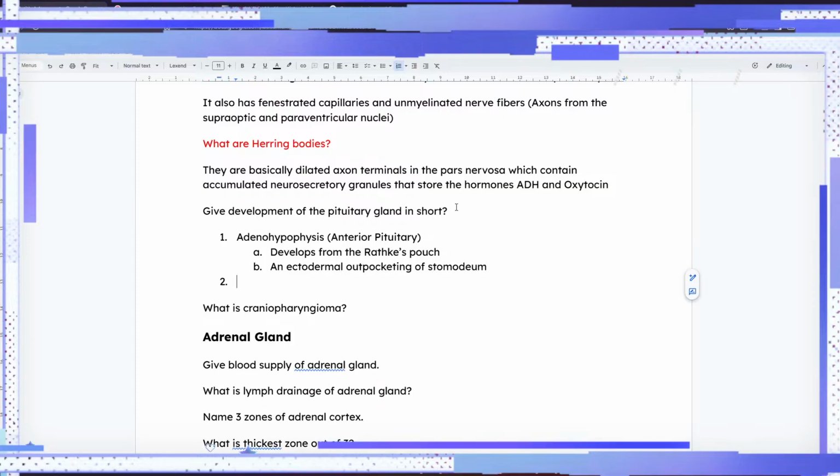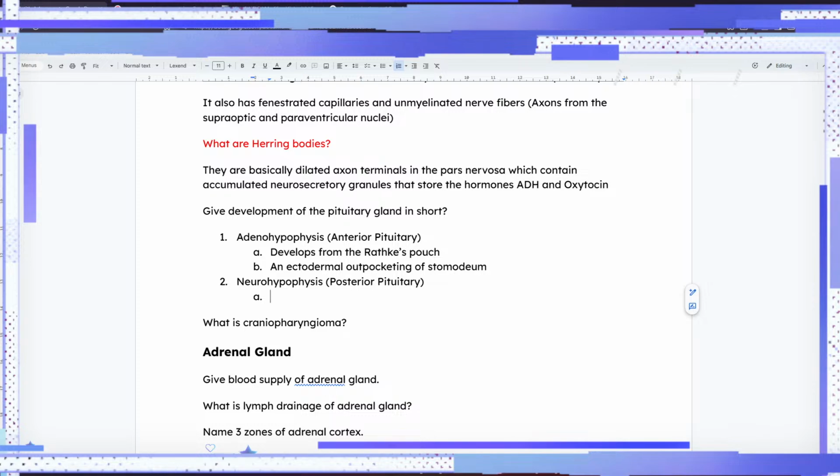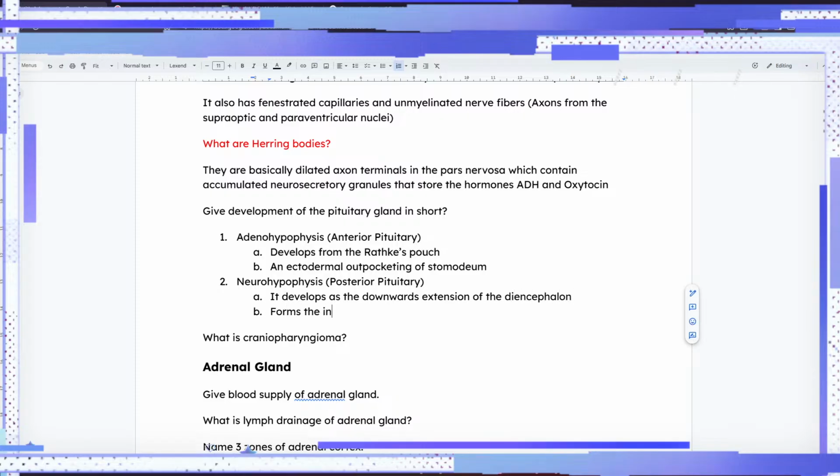And then you have the neurohypophysis, the posterior pituitary. It develops as a downward extension of the diencephalon and forms the infundibulum. Perfect, that's awesome.